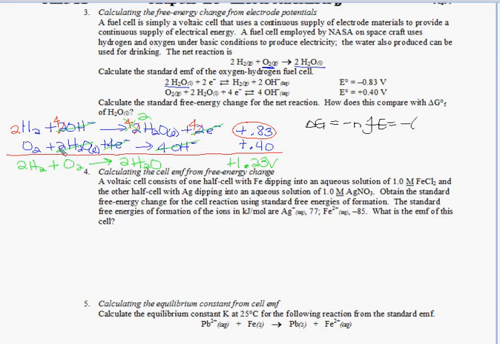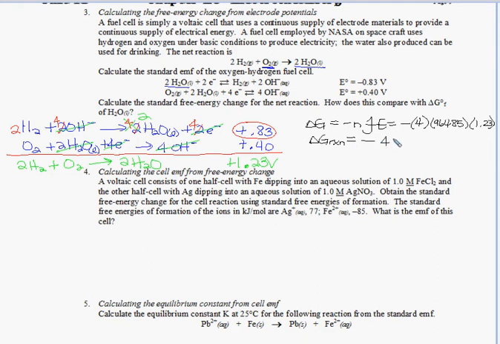How many electrons did we cancel? 4. So 4 electrons times Faraday's constant times the voltage, 1.23. So clearly this reaction is spontaneous, and I know that because my voltage is positive, and as I run my calculation, I also know that because delta G for this reaction turns out to be negative.